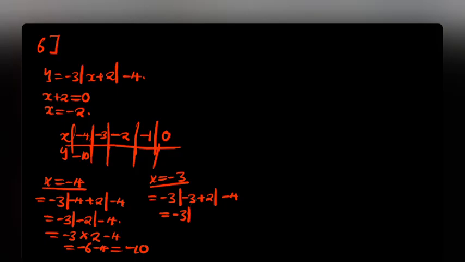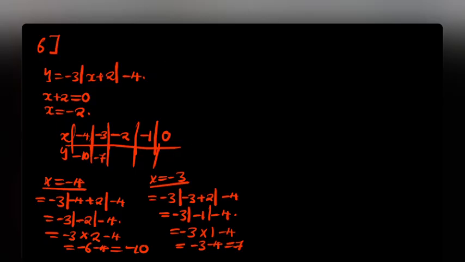So negative 3 plus 2 will give us negative 1, then minus 4. So negative 3, then the absolute value of negative 1, we get a positive value, which is positive 1, then minus 4. So negative 3 times 1 will give us negative 3 minus 4. This will give us negative 7.